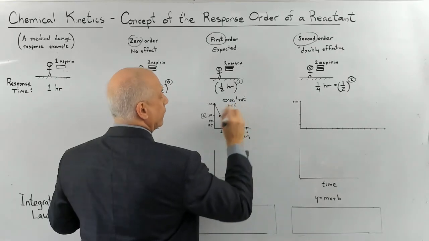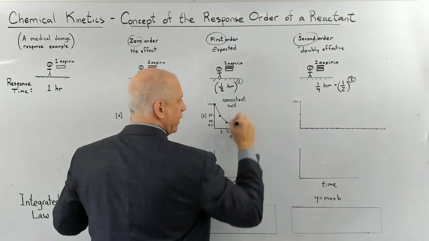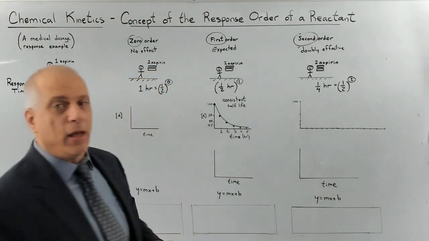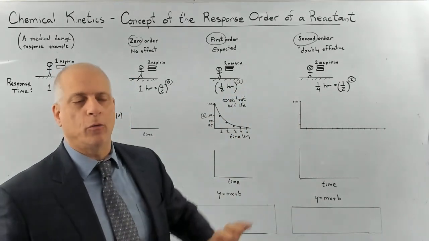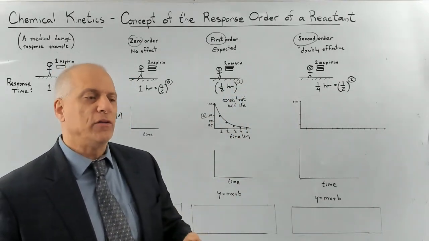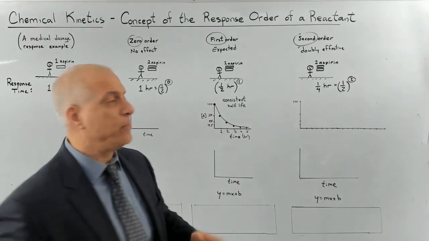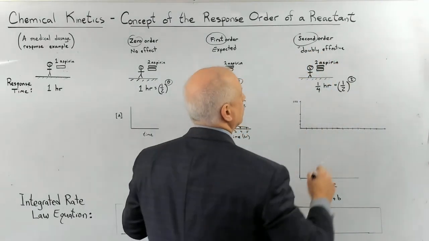Again, this is an example, not all half-lives are 1 hour, but we have a consistent half-life. Now, something that is doubly effective or second order, that medication is lasting longer than you would expect. It's not degrading as fast as you would expect.